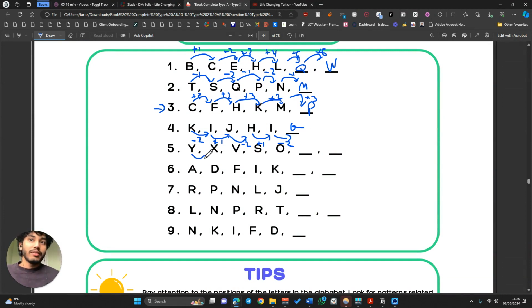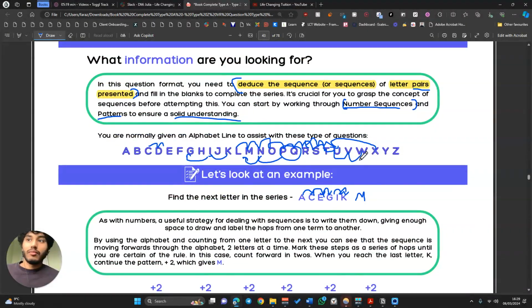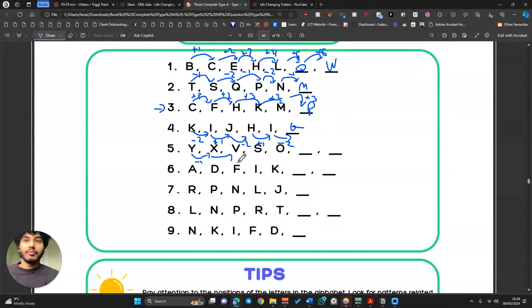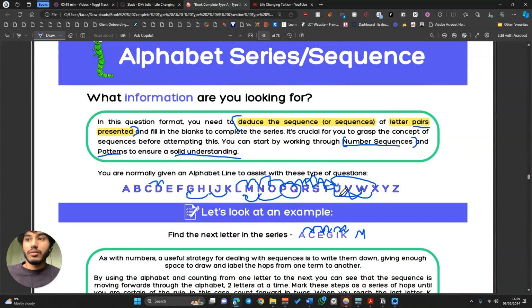Question 5. So Y to X. This is minus 1. How do we get from X to V? It's minus 2. How do we get from V to S? Let's quickly look at this. I'm just going to rub these out.